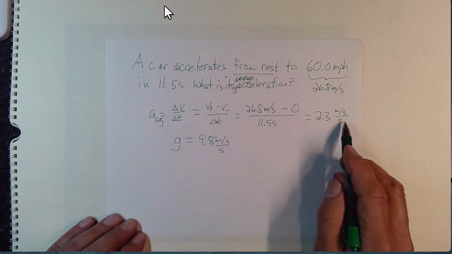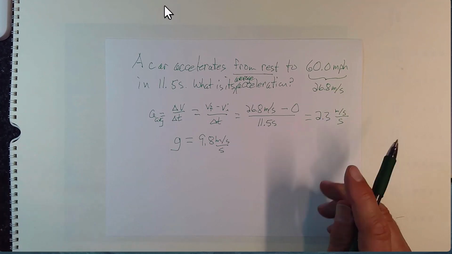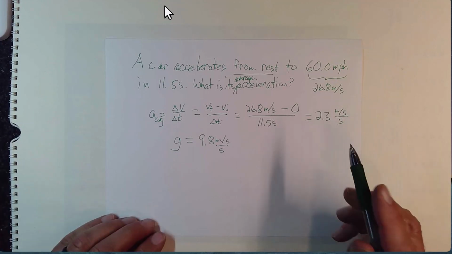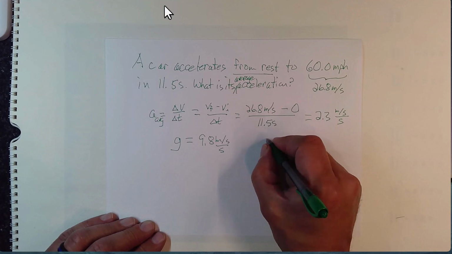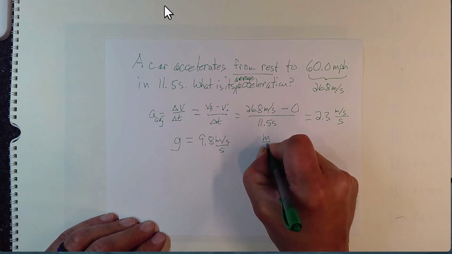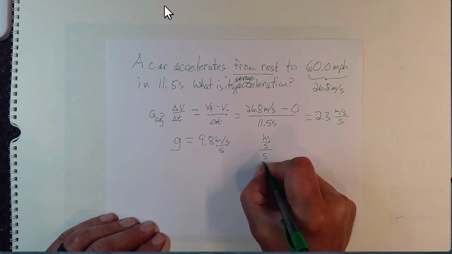Now, I mentioned that meters per second is the way they would express things in Britain and much of the rest of the world. In the United States, for some reason, we do something a little different. We look at that meters per second divided by seconds on the bottom, and we think of that seconds on the bottom as being divided by a 1.